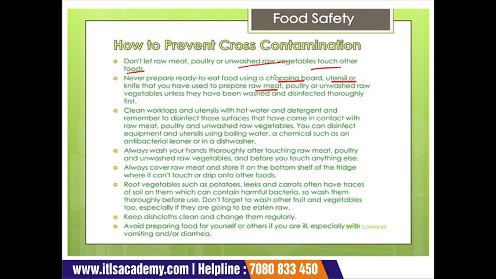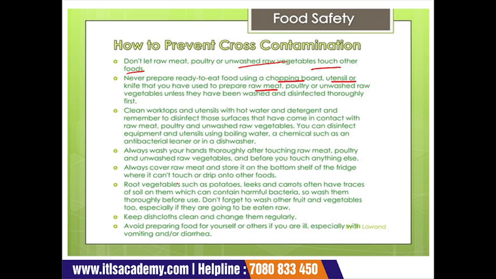When you are using a chopping board or knife for raw meat or poultry, it should not be used for ready-to-eat food. Clean the work top and utensils with hot water. Always wash your hands.